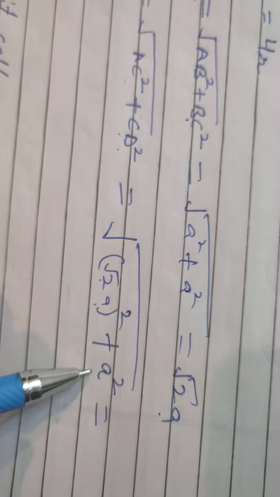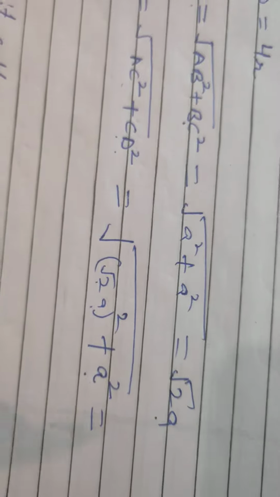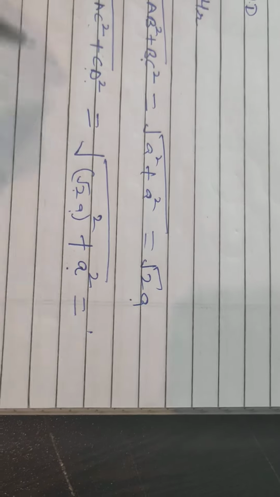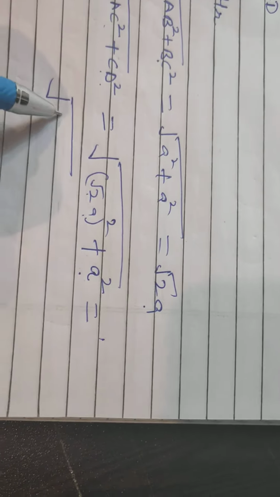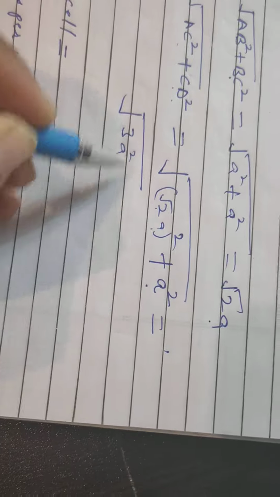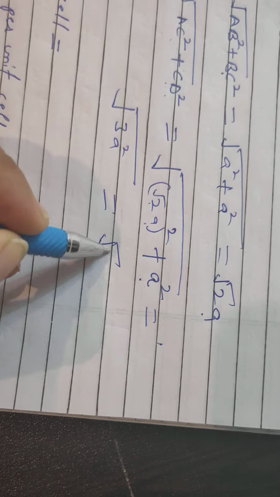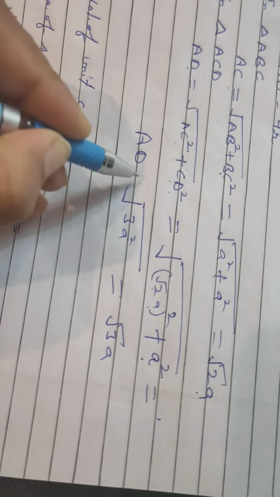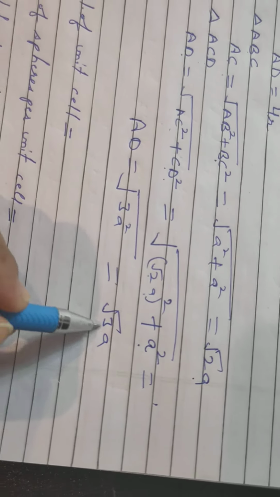So this will be 3A square. So it will be under root 3A. So AD is equal to under root 3A.